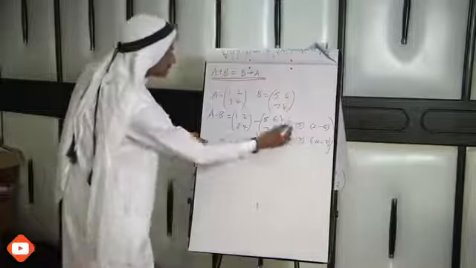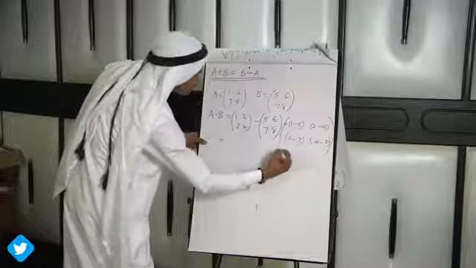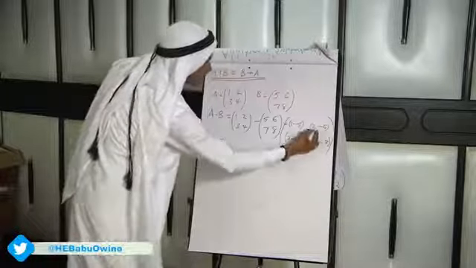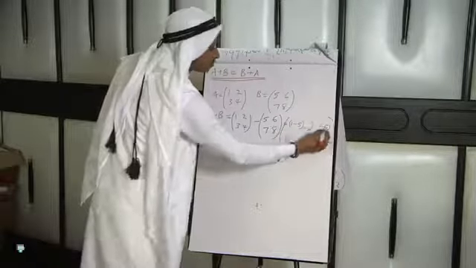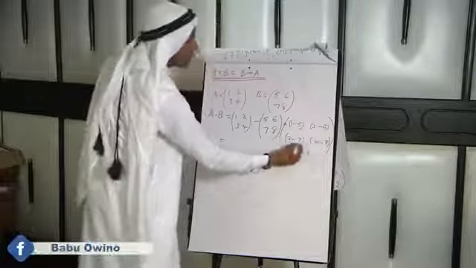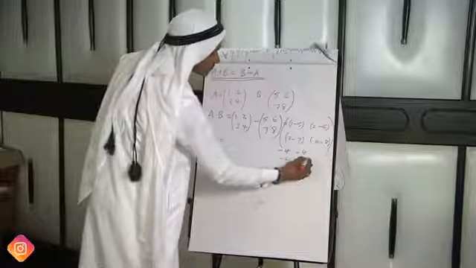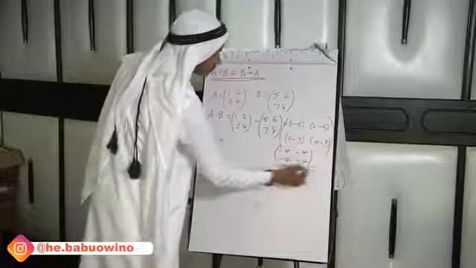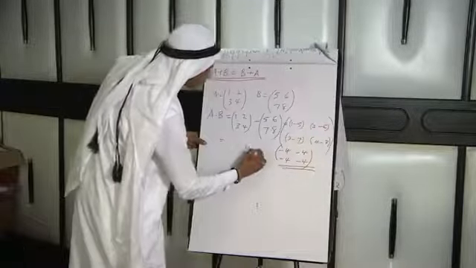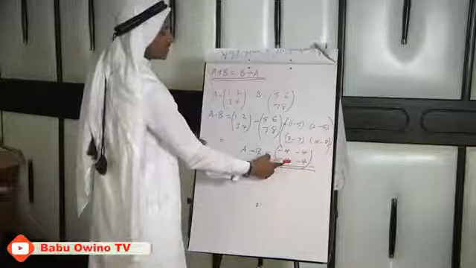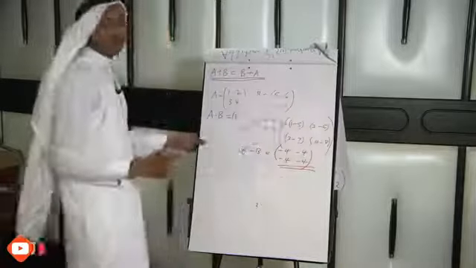So this gives us minus 4. 1 minus 5 is minus 4. 2 minus 6 is minus 4. 3 minus 7 is minus 4. And 4 minus 8 is minus 4. So A minus B is equal to minus 4, minus 4, minus 4, minus 4.